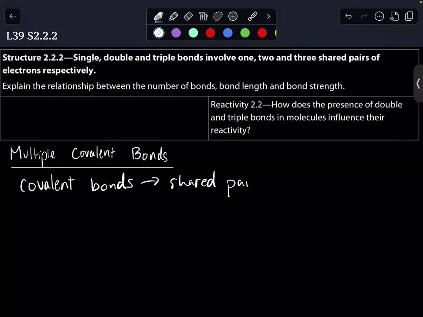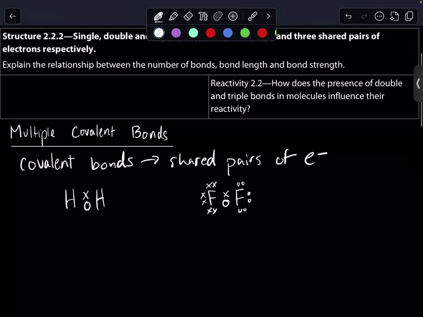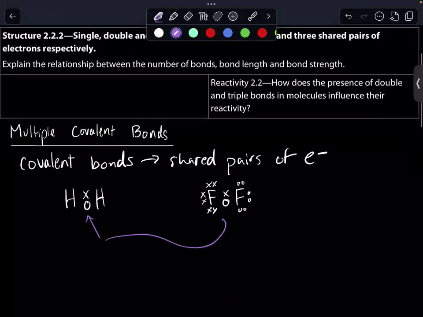What I mean is if we have hydrogen sharing with another hydrogen or fluorine sharing with another fluorine, now fluorine is going to have a full octet, while hydrogen did not due to the fact that it only has the s orbital, it can only have a duet. But either way, we have these bonds right here, that one and this one. These are a shared pair. We call this a single bond.